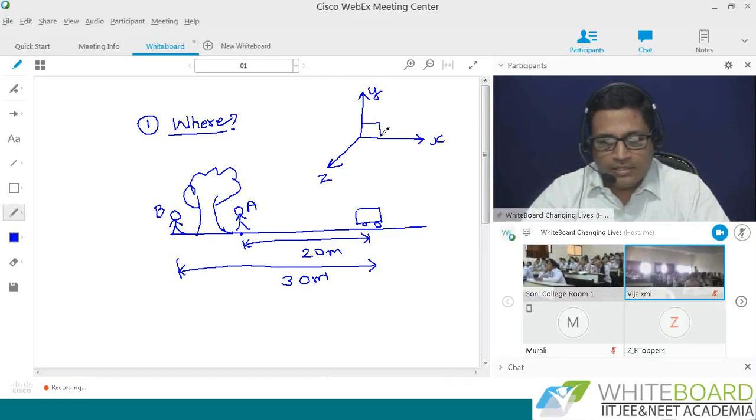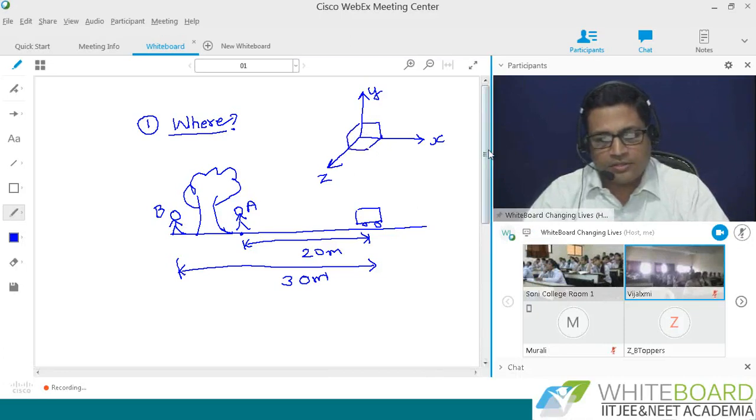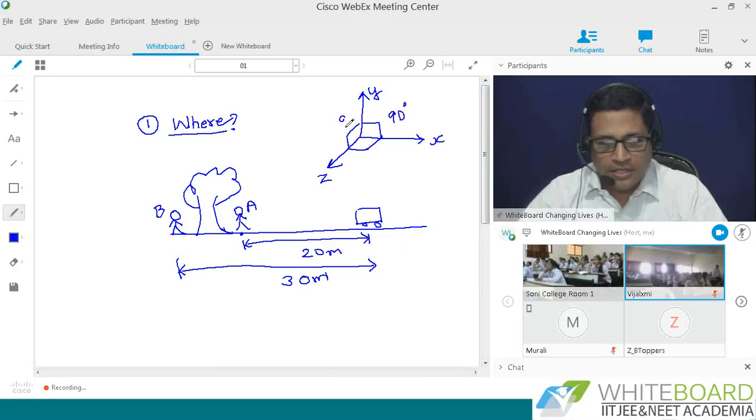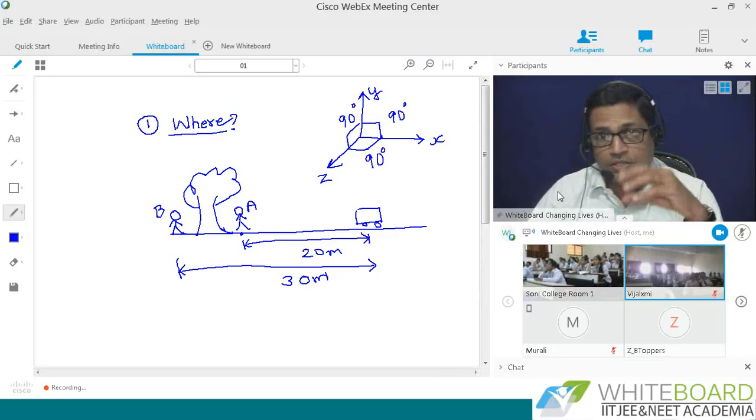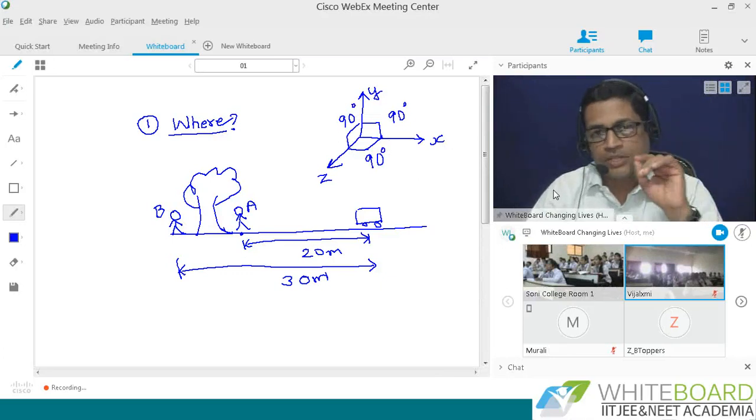The angle between X and Y axis is 90 degrees, the angle between Y and Z axis is 90 degrees, and the angle between Z and X axis is also 90 degrees. So this is 90 degrees, this is 90 degrees, and this is also 90 degrees. You will need this information once we address 2-dimensional and 3-dimensional problems.